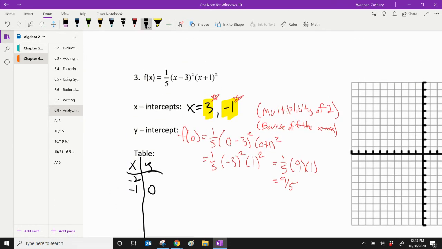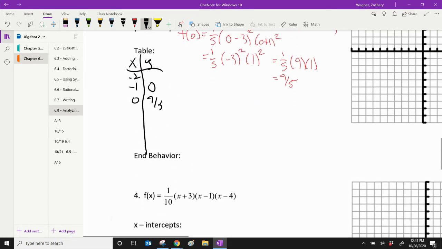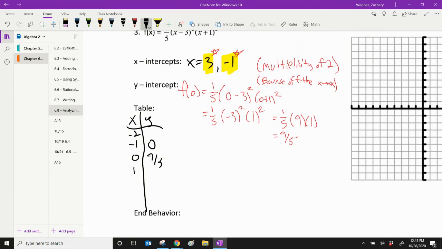I'm going to go for the negative 2. I'm going to go over to 0, which is 9/5. 1, 2, 3 is my other 0, and then 1 over to 4. Always start your framework at your zeros and go 1 to the left, 1 to the right. That's how we generate.